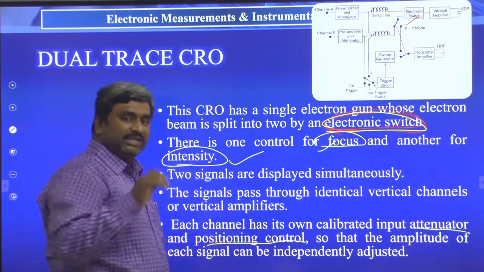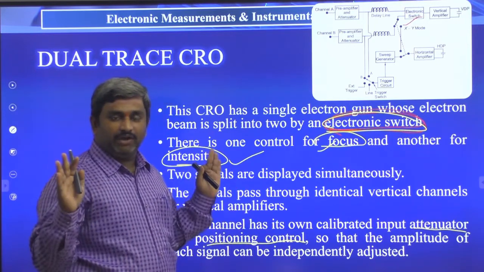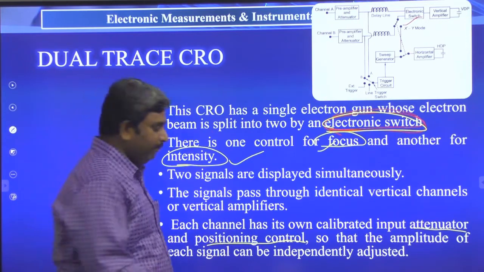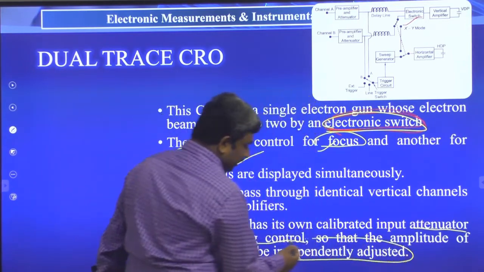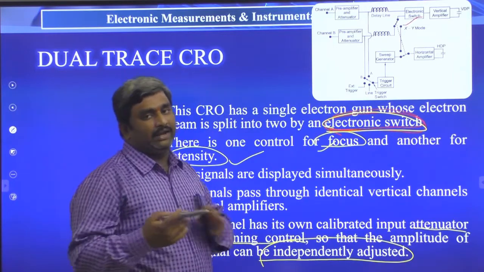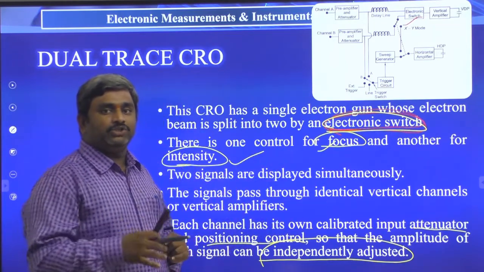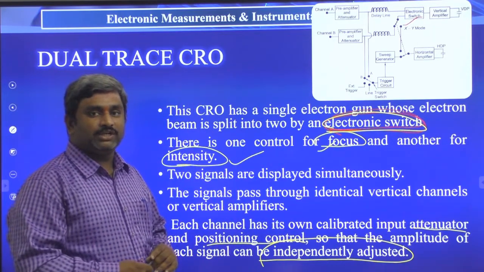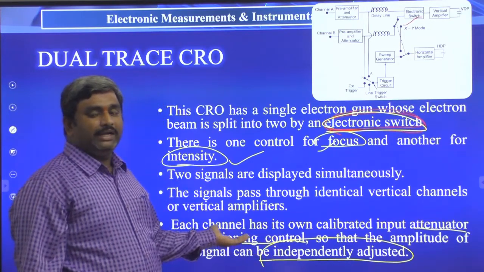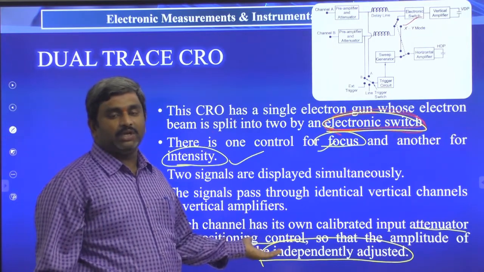That means the two signals have two different position controls and two different attenuators, so that the amplitude of the signal can be independently adjusted. There is no necessity of depending one channel's amplitude on the other. Channel 1 amplitude you can adjust separately, channel 2 amplitude you can adjust separately. Both are working independently.